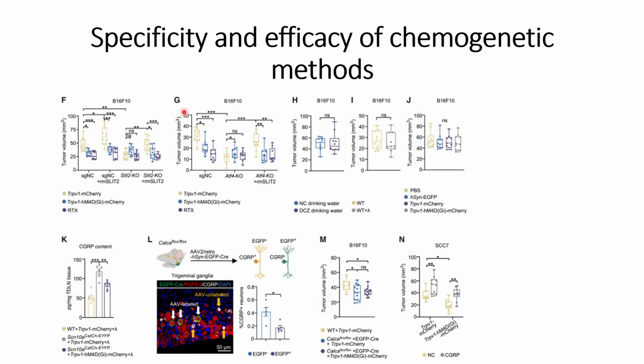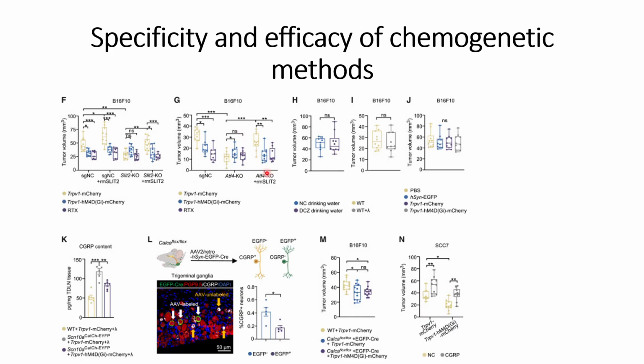And they did similar things with ATF4 knockdown. In the control, they are able to see tumor suppression for both methods, but when ATF4 is knocked down, this tumor suppression cannot be seen compared to the control, and the differences are non-significant, except for the case of HM4DGI, where tumors actually increased.